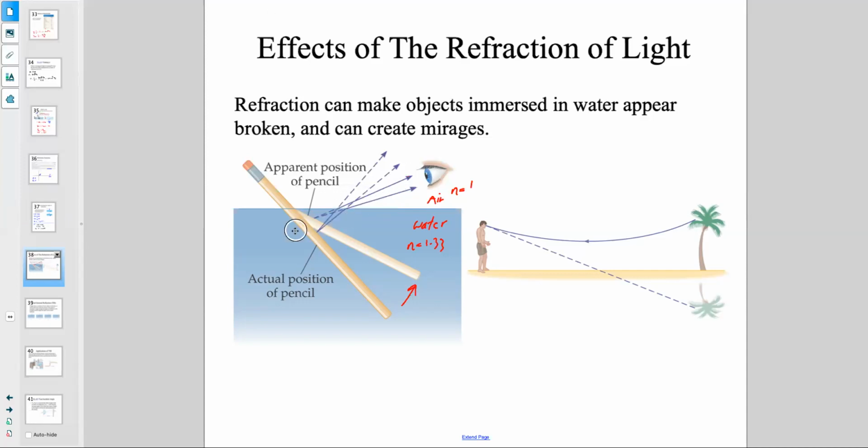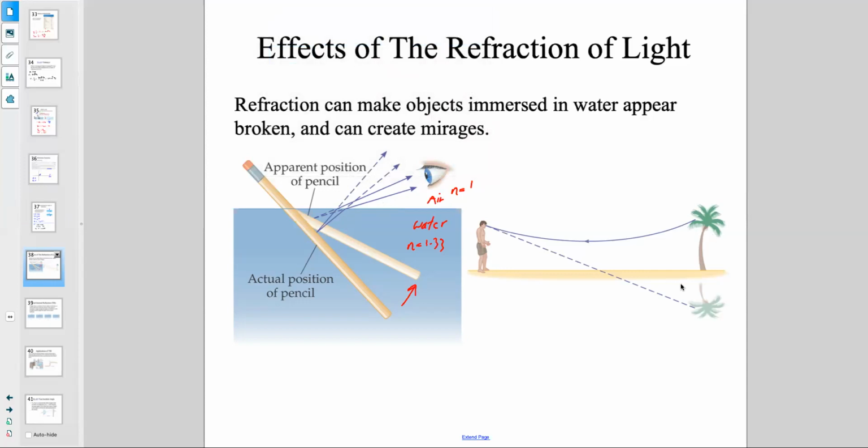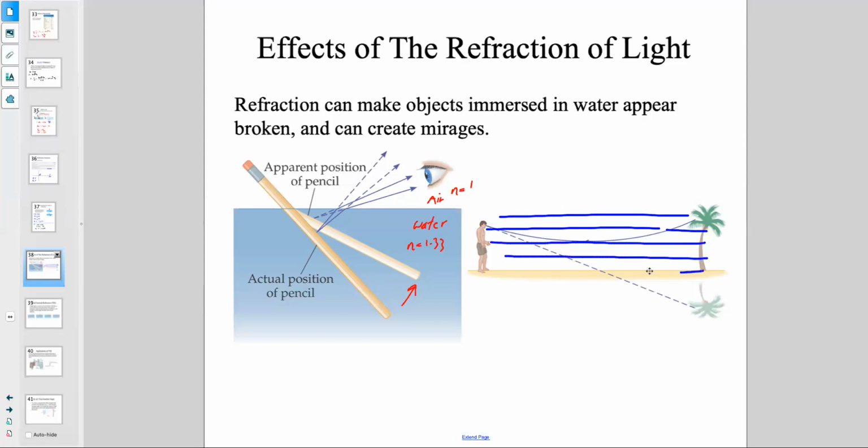The other effect of that is that you can see the images that are not even there, okay? For example, you can see the image of the tree. It's because there are different layers of air, and these different layers of air are having a different density.